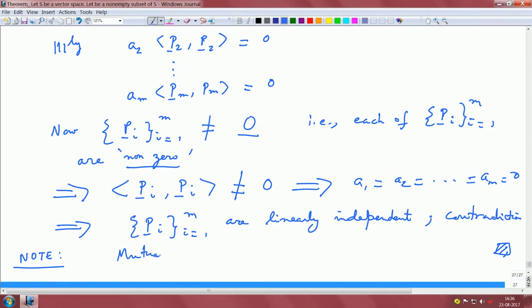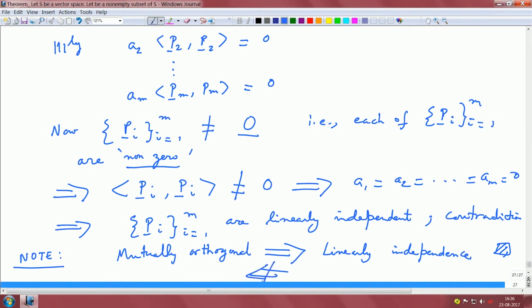if the vectors are mutually orthogonal, this implies that they are linearly independent, and the other way round is not necessarily true.